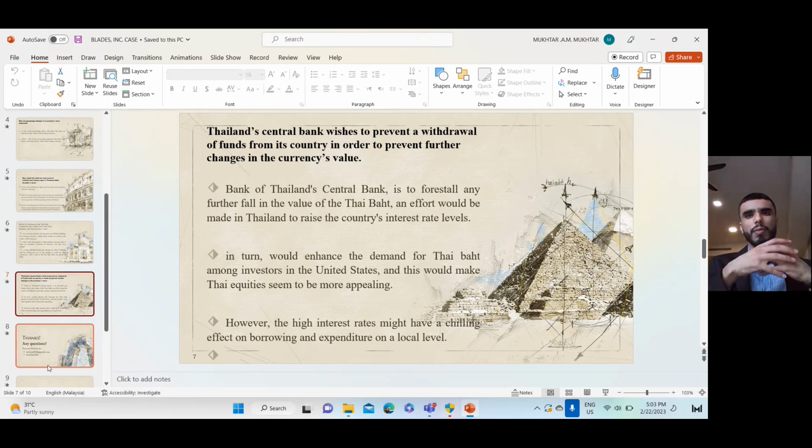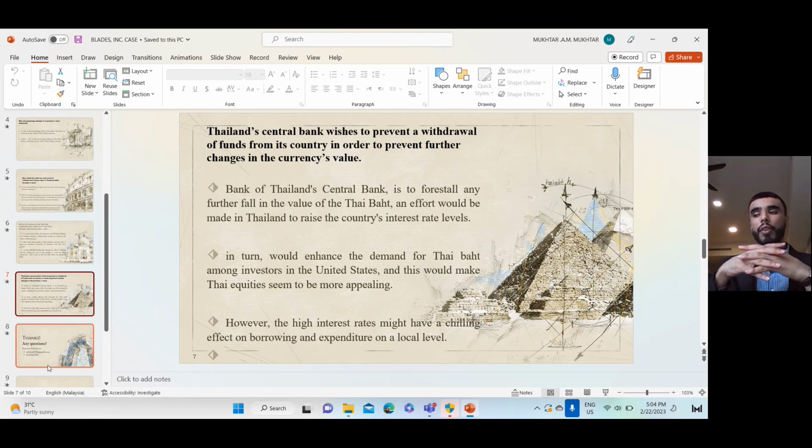So the government is making it easy for them to come and bring more dollars to the country, which can solve the problem of inflation. In turn, this would enhance the demand for the baht among investors in the United States, and this would make Thai equities seem more appealing. However, the high interest rate might have a chilling effect on borrowing and expenditure at a local level.